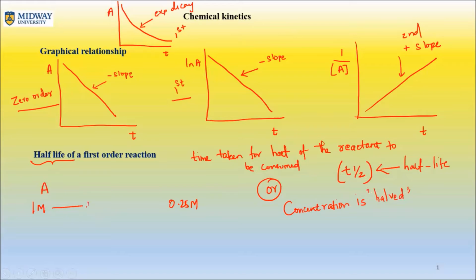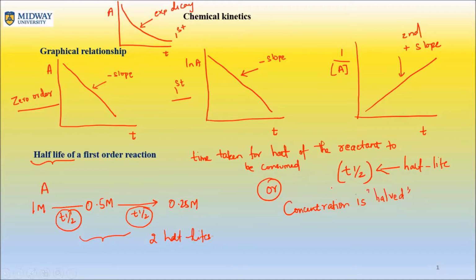So 1 molar to half a molar would have taken 1 half-life, right? That's 1 half-life. And half to 1/4, which is 0.25, would be one more half-life. So we have a total of 2 half-lives.